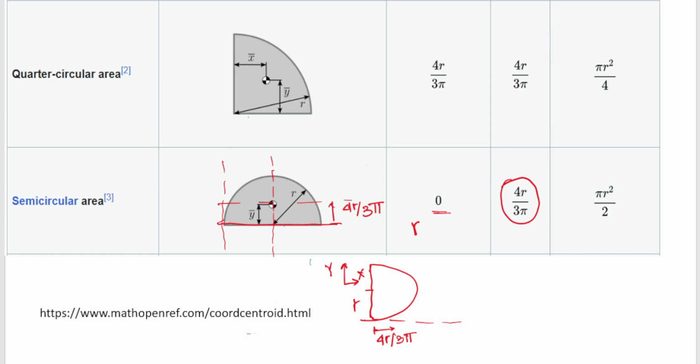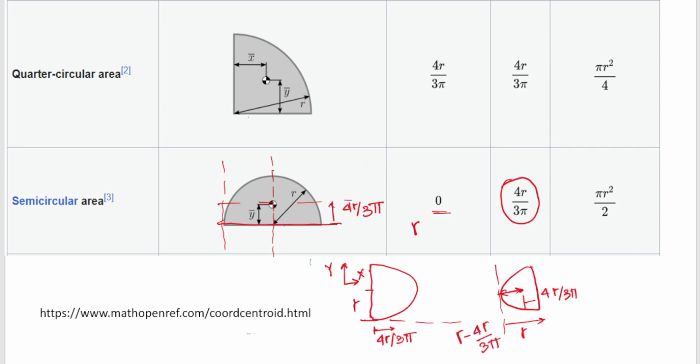Remember this, from the flat side, this will be 4r by 3 pi. So if you have a geometry like this and you always take the reference axis here, then what will be the location of this centroid? Remember, the entire distance is r and this particular section is only 4r by 3 pi. Then this distance is going to be r minus 4r by 3 pi.